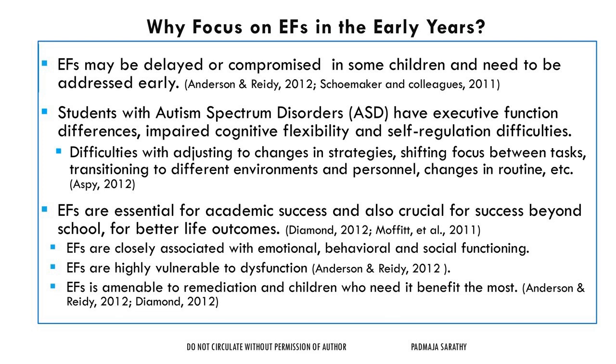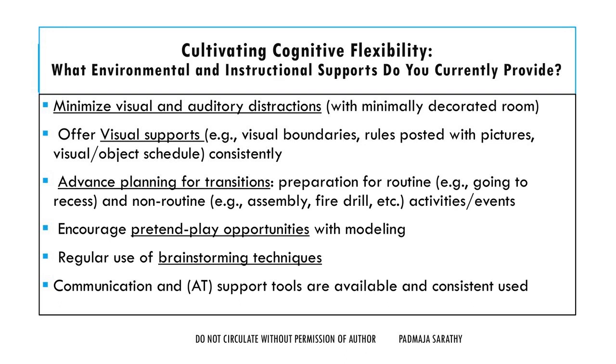And the third thing that I want to mention, the benefit of EFs in the early years, is that it reduces, research says, the impact of poverty. So with that background, let's go ahead and begin thinking about how we cultivate cognitive flexibility.